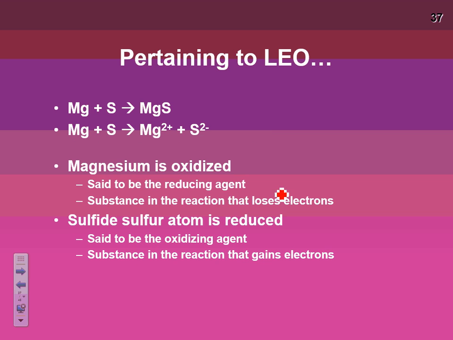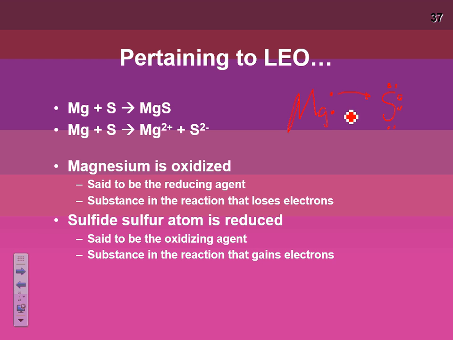Again this pertains to Leo. Magnesium and sulfur come together and form magnesium sulfide. This is how you would draw it out originally. Then down here, we're talking specifically about the electrons. You remember with ionic compounds, magnesium, in group 2, would send 2 electrons over to sulfur, which already has 6 valence electrons.